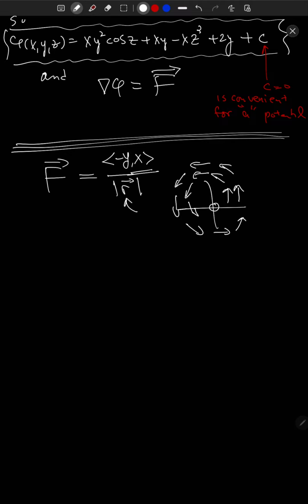And the deal is there's a hole in the middle, right? In that we cannot define f there. So if we were to study this vector field, our region would be the plane minus the origin, right?